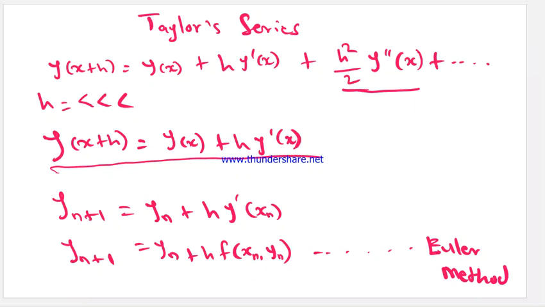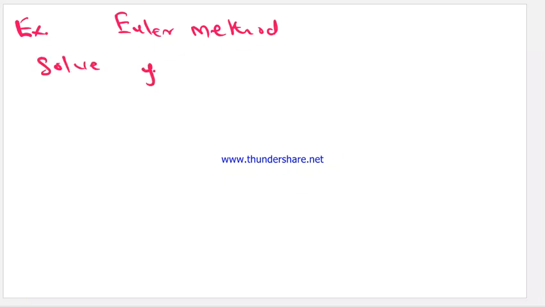Let's see how to apply this Euler method. Example for Euler method. Assuming we are given to solve the differential equation y prime equals x plus y, and we are given the initial condition to be this at 0, and we are also given to take the step size of 0.2.